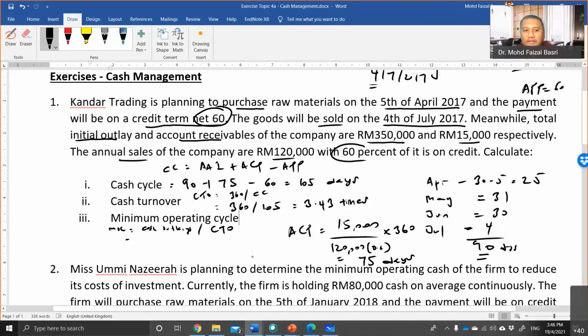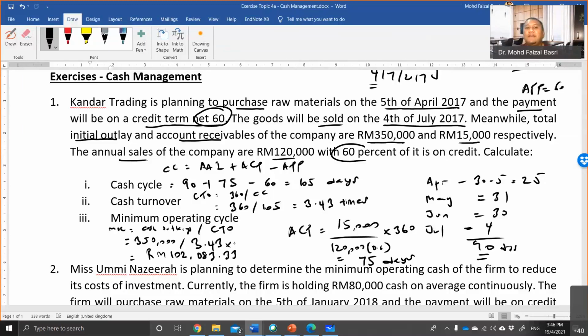So therefore, you take 350,000, divide by the CTO of 3.43. So this I use the whole number. I have 102,083 ringgit and 33 cents.